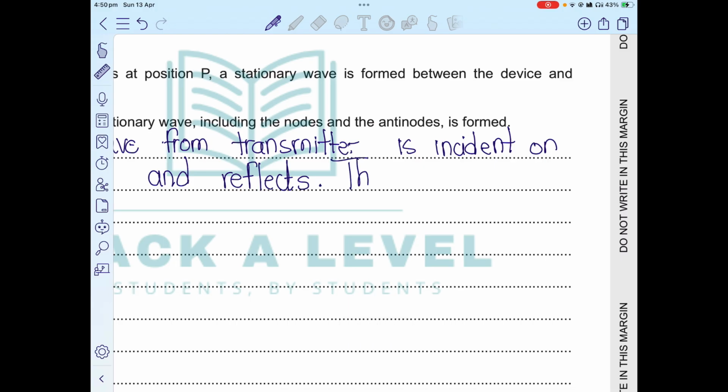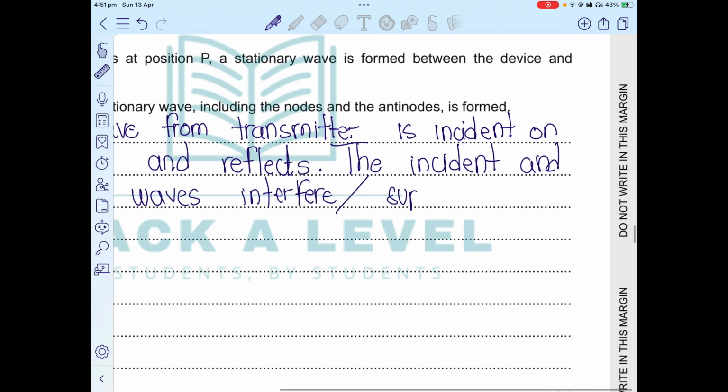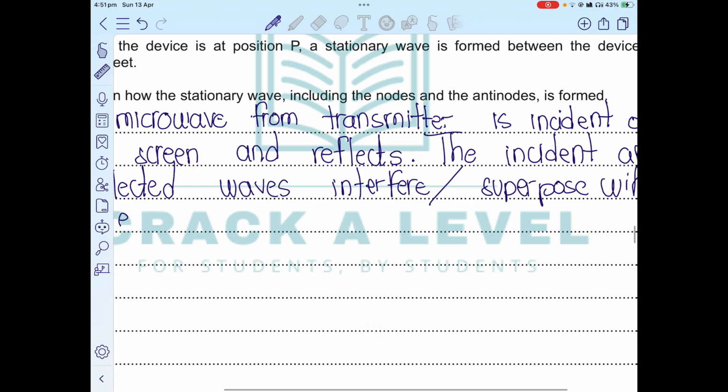Because it reflects along the same path, the incident and the reflected waves interfere, or superpose, with each other, which is essentially just meeting each other.